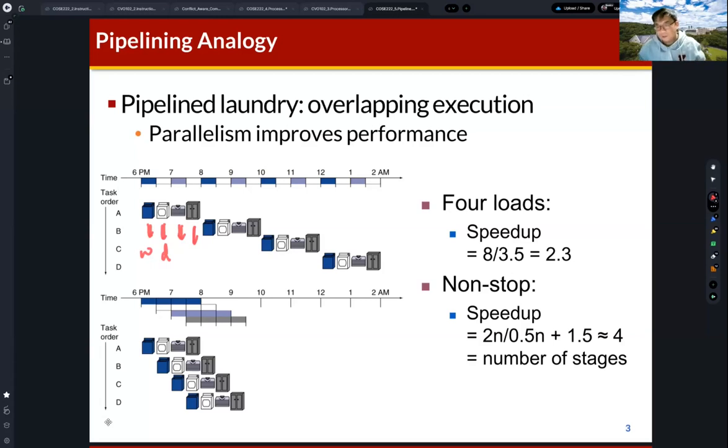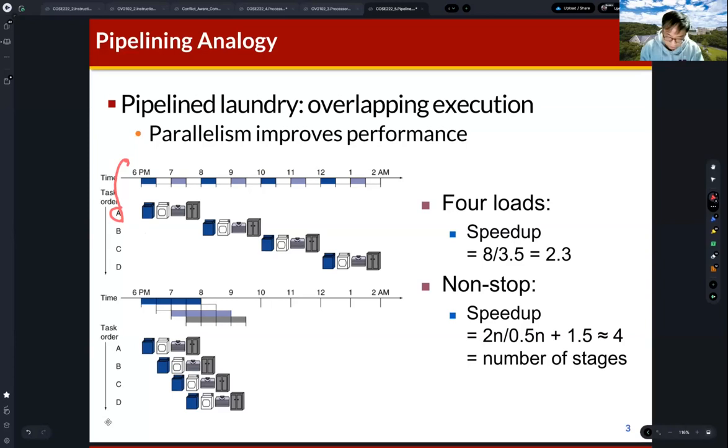Let us assume that for one piece of clothing, we need to perform these 4 different steps: the washing machine and dryer, then folding clothes, and then storing the folded clothes in the closet. Let us assume that each step takes 30 minutes, half an hour.